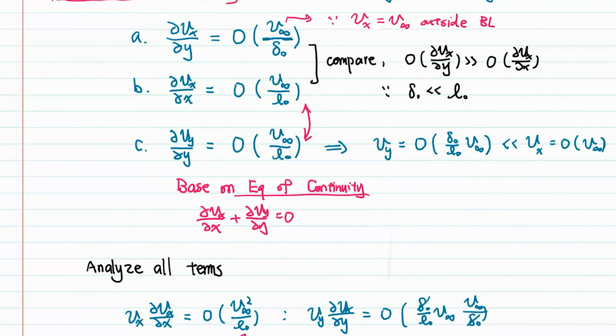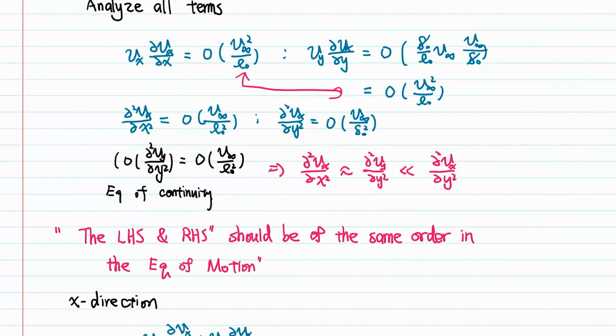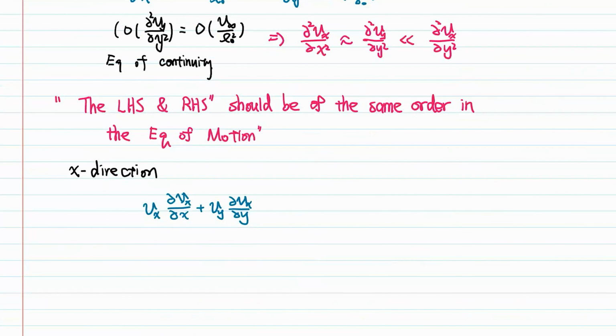If I remember that correctly, let's double check that. Yes, that's correct. So you can see it would be on the order of what? The left-hand side is on the order of V infinite squared over L naught, right?